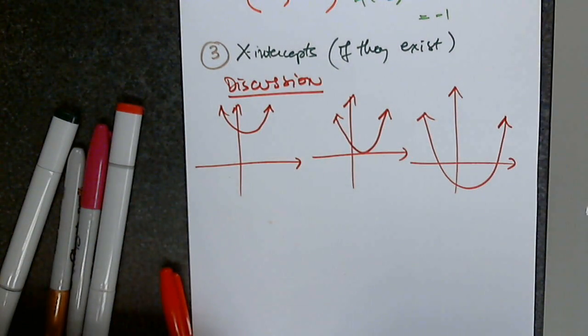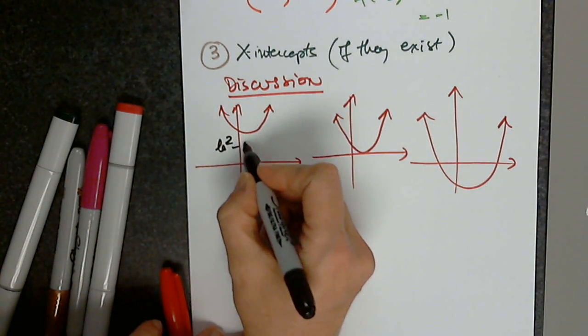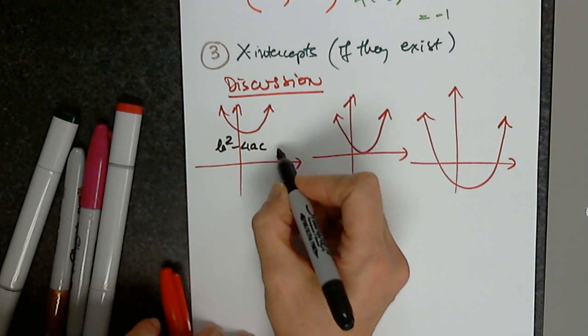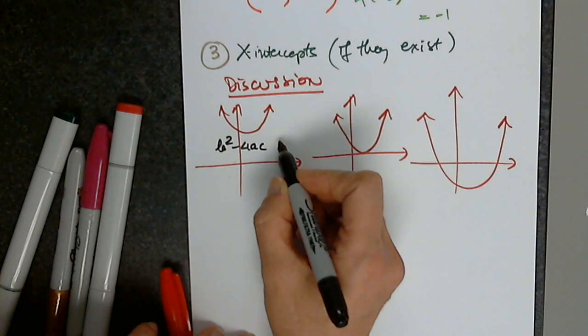The discriminant. So the discriminant b squared minus 4ac must be what type of number here? Careful. If it's positive, then I have 2 real solutions.